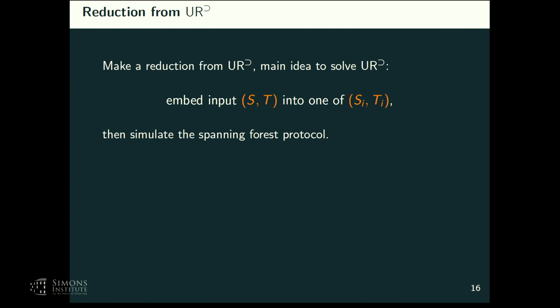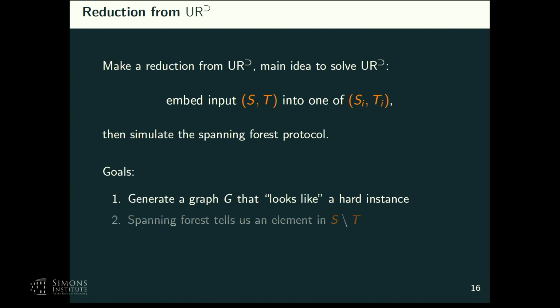So in order to make a reduction, the idea is to embed a universal relation instance into one of these Si and Ti, and then try to construct the whole graph and then simulate the spanning forest protocol. So the goal of this embedding is, first, we want to generate a graph G that looks like a hard instance. So when the ST pair is actually coming from the universal relation hard instance, I want my graph G to look like the hard instance from the previous slide.